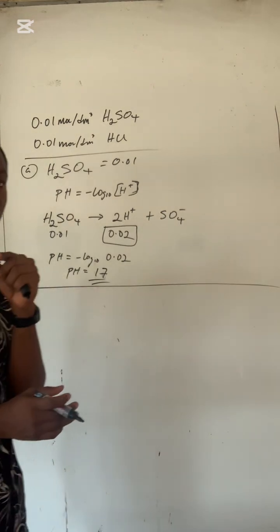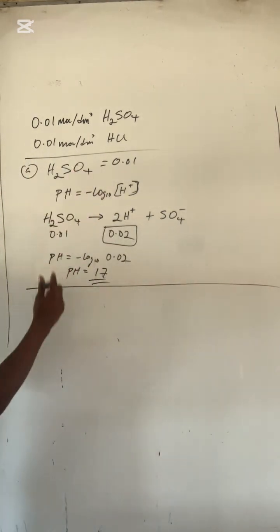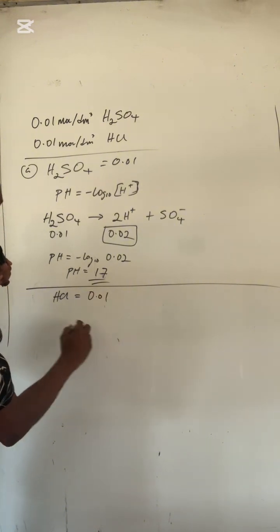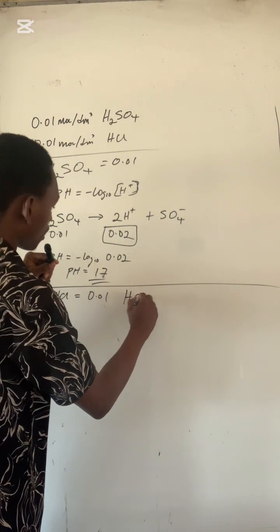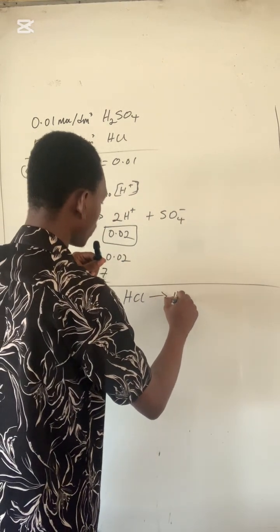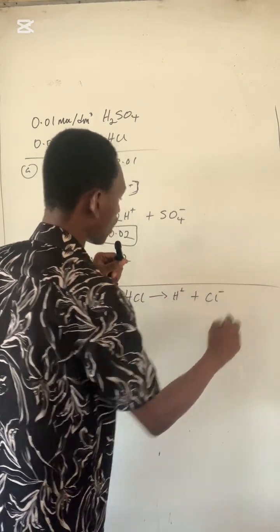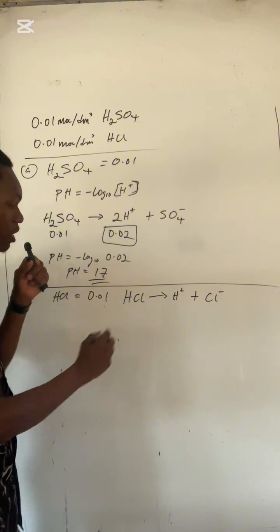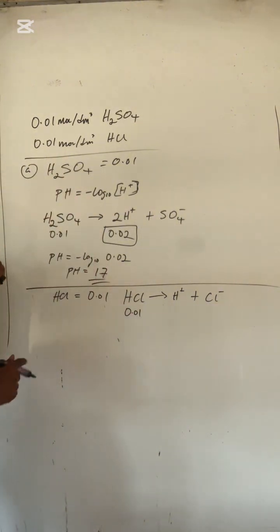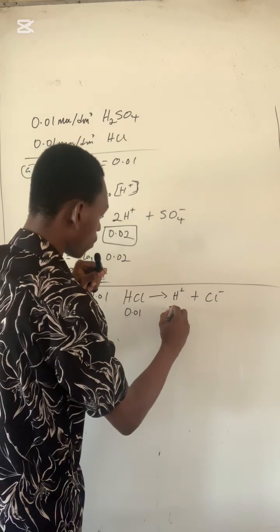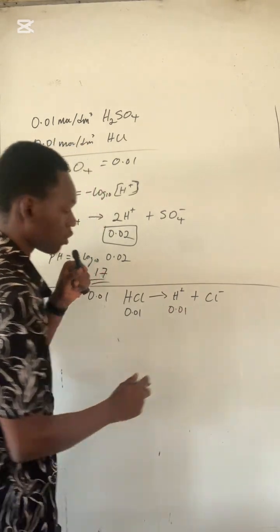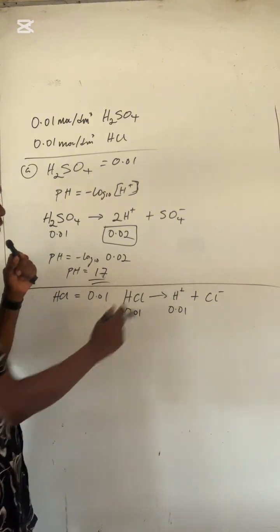Now, what about that of HCl? How do you calculate that of HCl? Same way we did that of this. The HCl concentration was 0.01. But when you ionize HCl, HCl is a monobasic acid. So when you ionize it, you get just one hydrogen ion and the corresponding anion. So if this HCl concentration is 0.01 as given to us in the question, definitely the hydrogen ion concentration will also be 0.01 since the ratios of both of them are equal.